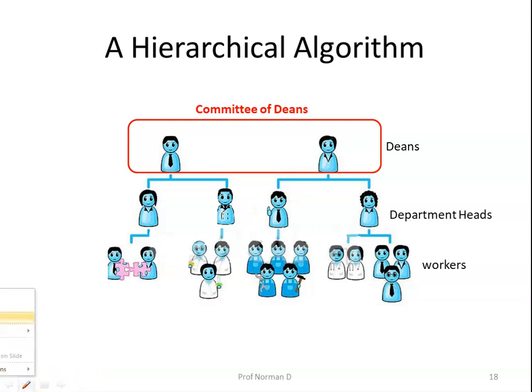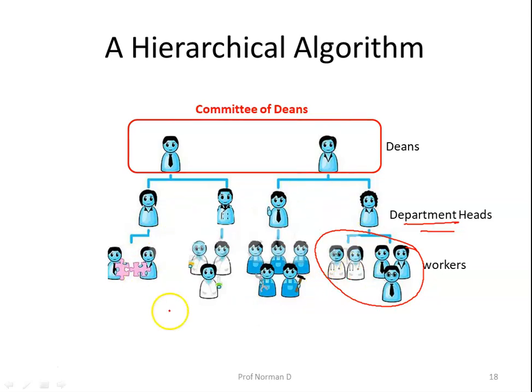Over here we can see that some of the machines are worker machines and other machines are working as their managers. For each group of workers, one manager machine, that is the department head, is assigned the task of keeping track of which machine is busy or which is idle.